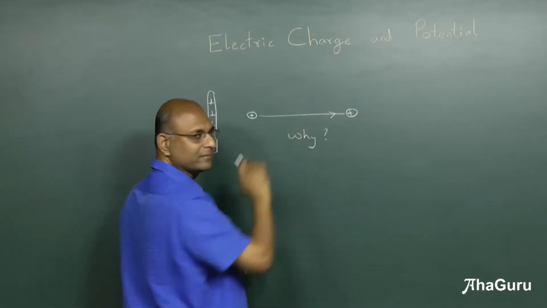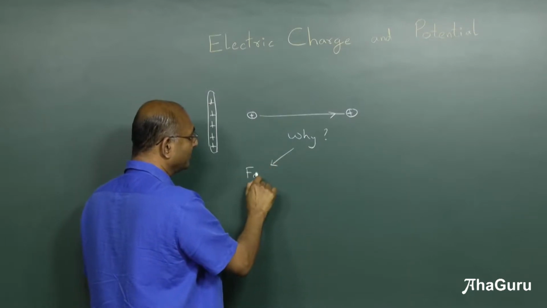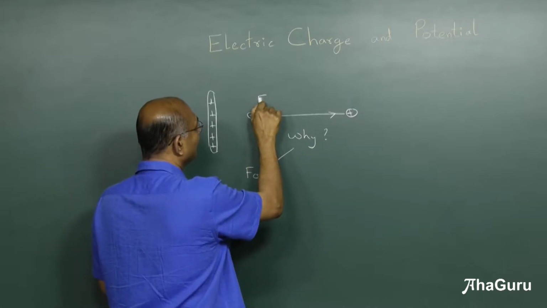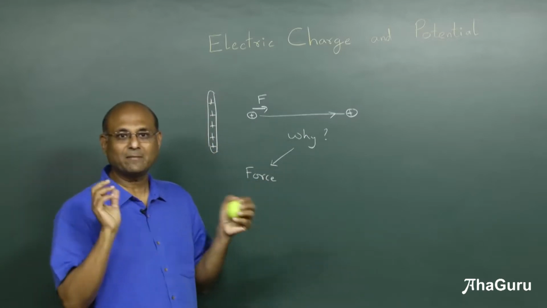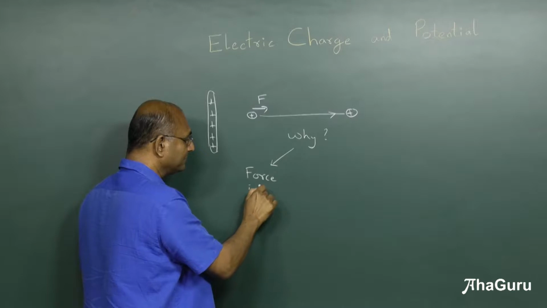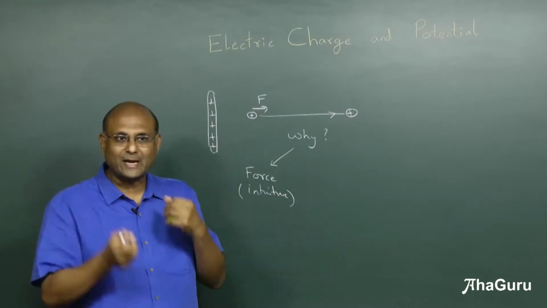Why is it running? Usually the answer that we give is because there is a force. There is a force acting on it. The force is in that direction, so it starts running. Correct? That's one way to think about it, which is perfectly fine. This is a very intuitive idea. This is something that our brains can quickly understand.